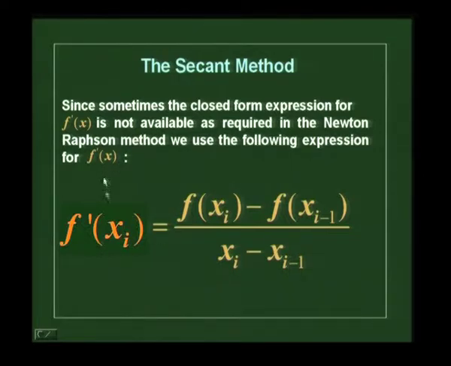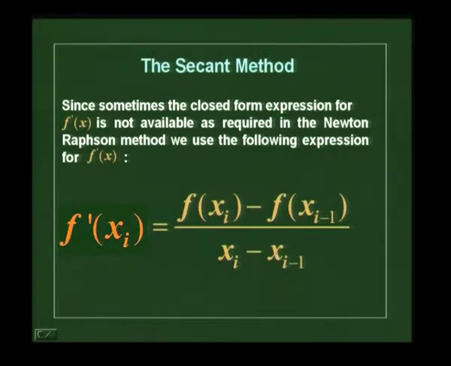For the time being, let us take this formula, which is known to most of us, where the derivative is replaced by what is called a backward difference formula. That is, we take f of xi minus f of xi minus 1 divided by xi minus xi minus 1.